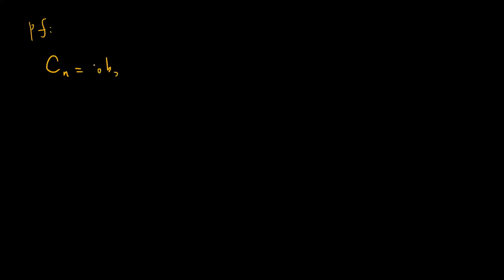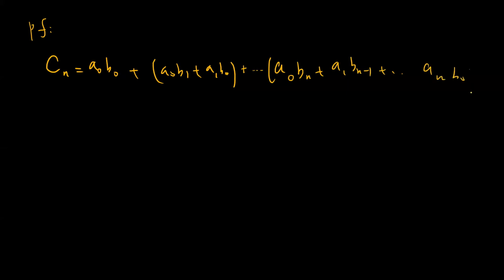Okay, so let's see what large Cn is. Large Cn can be written as a0 b0, plus a0 b1 plus a1 b0, and keep going, up to a0 bn plus a1 bn minus 1 up to an b0, right?